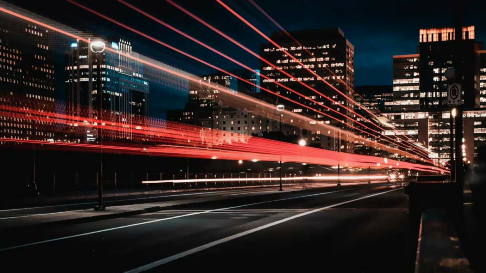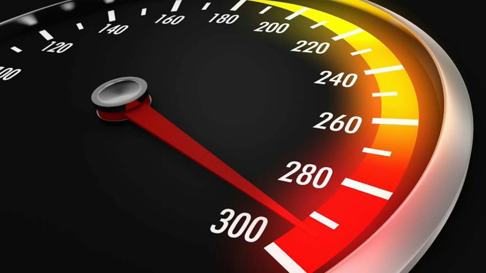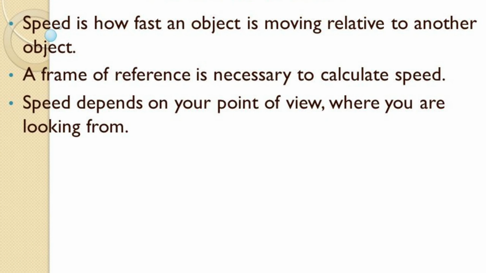Hence, to determine which object is moving faster or slower than the other, we need to compare the distance they cover in the same time. The object that moves faster has a higher speed. So what is speed? Distance covered by an object in a specific time is called speed of an object.